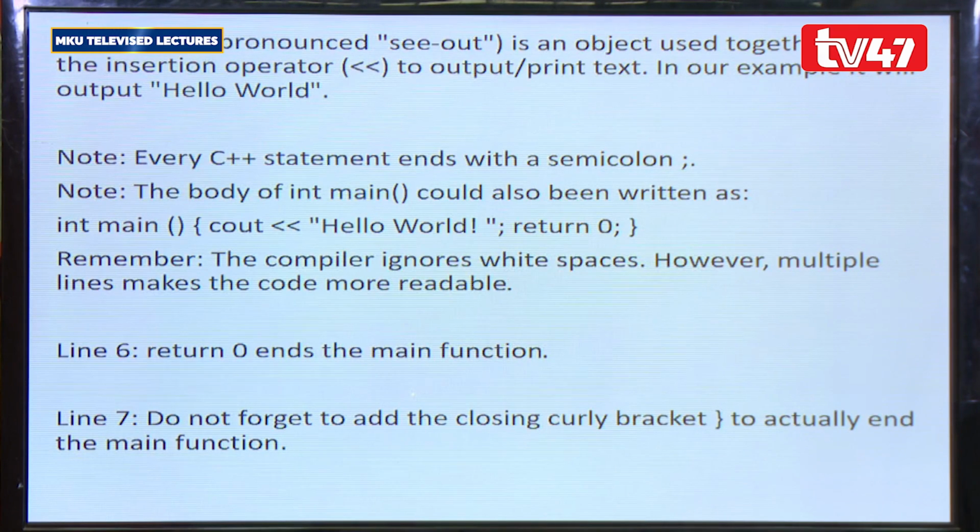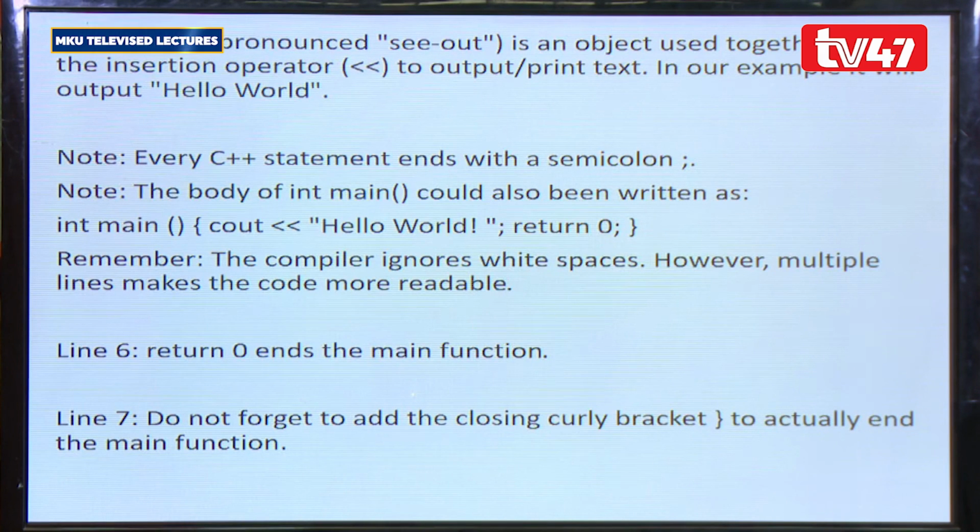This is an object that is used together with the insertion operator to output or even print out text. And in our example that we have given there, we will be able to print out hello world. And of course, it is good to note that every C++ statement will end with a semicolon.